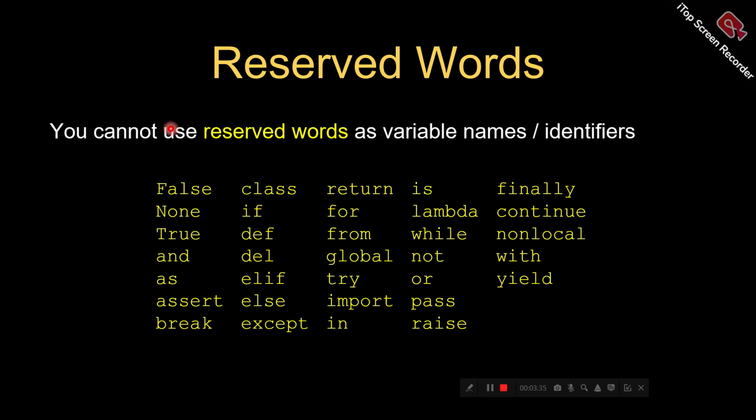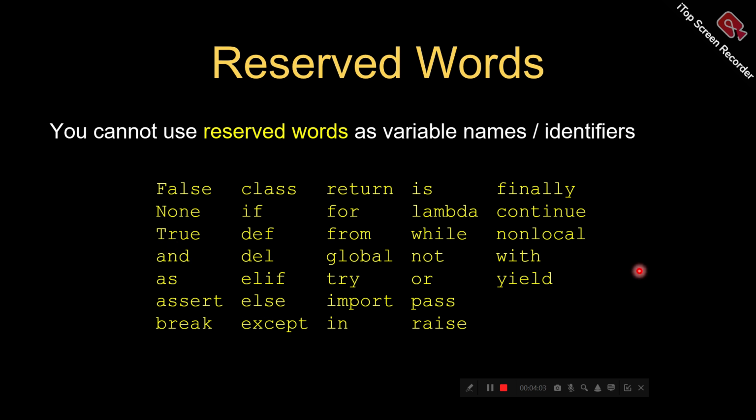Now next, reserved words. Yesterday we also discussed reserved words. These are a few words or variable names which are already reserved by Python in the form of these functions. False is one of the reserved words. True and is an operator, a logical operator.